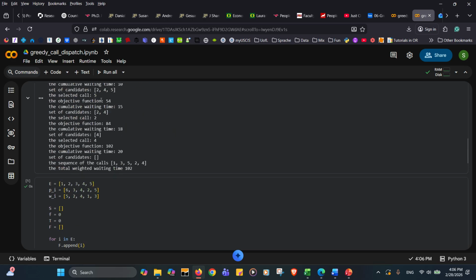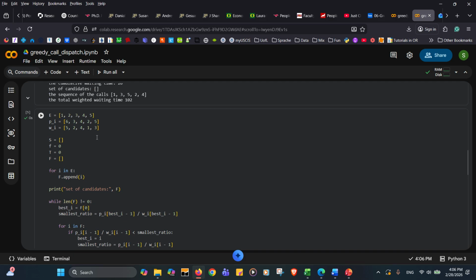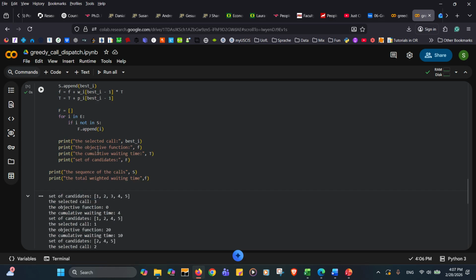And why this is call number 3 is because if we do the division here, this is greater than 1, this is equal to 2, this is greater than 1, and the third call ratio 4 divided by 4 is the minimum, which equals 1. So that's why we choose this call number 3.